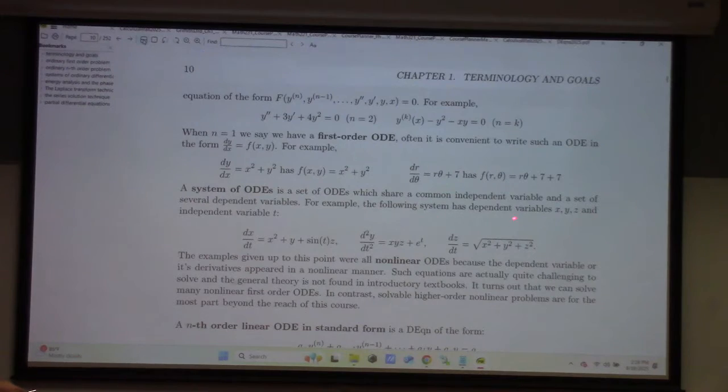Okay, so here's some other ones. This one is a mix. These are all still ordinary differential equations, but this would be a system of ordinary differential equations because we have not one but 3 differential equations, and there's one independent variable, time. T we usually think of as time. But you see the dependent variables x, y, and z are all intertwined.